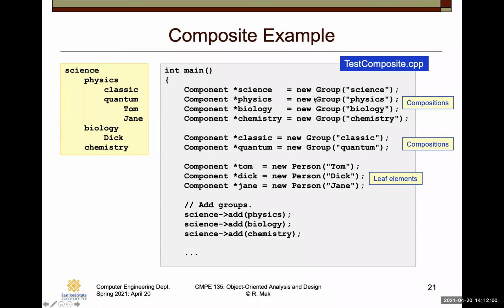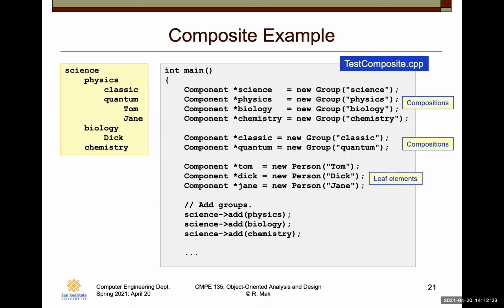We can assign group objects to a component. We can assign person objects to a component, and then when we're done building this giant composition, we can then treat each level of the composition the same way.